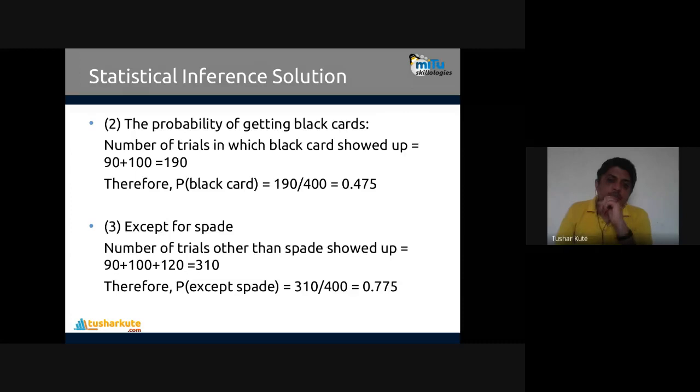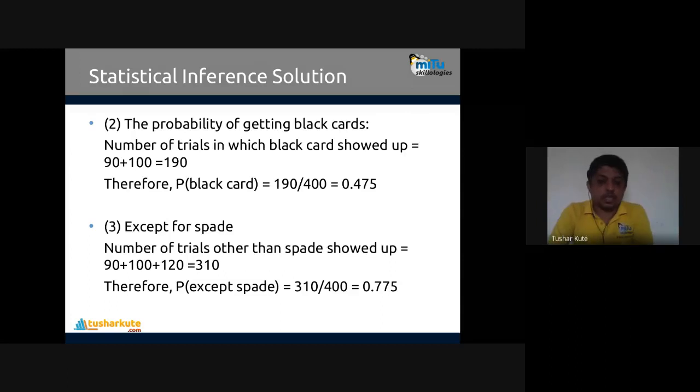The probability of it is 47.5%, because out of 400, this card was drawn 190 times.